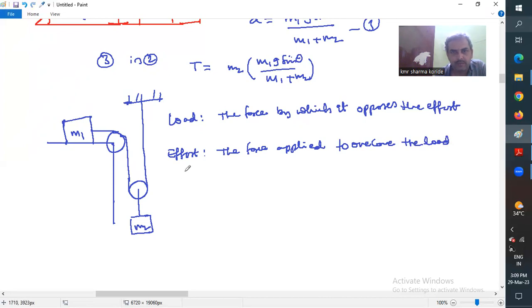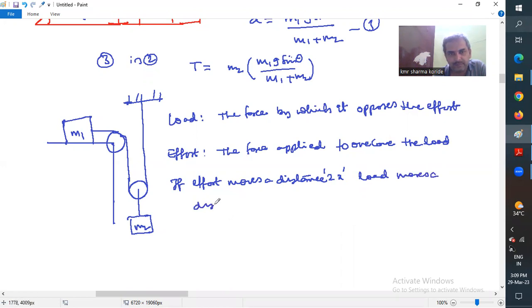Therefore, in the pulleys and lever system, if effort moves a distance, here m2 is applying effort. If effort moves a distance 2x, load moves a distance x.